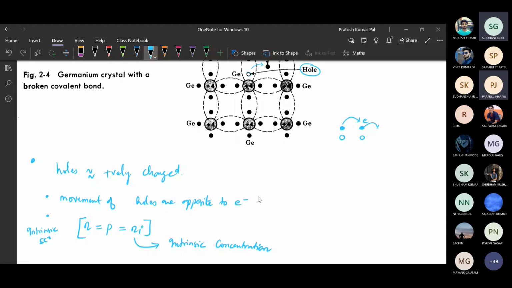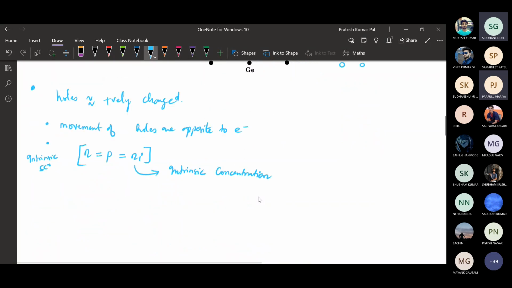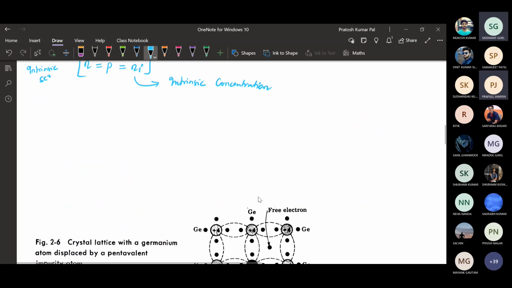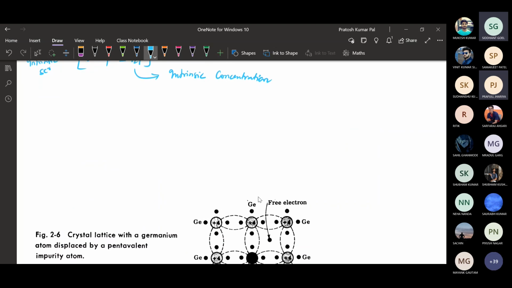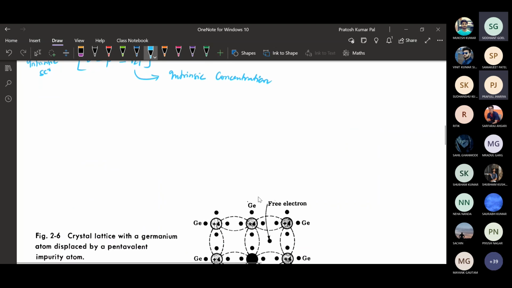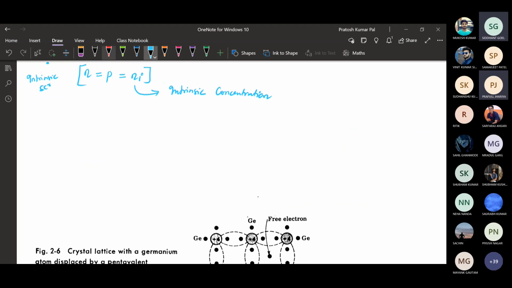Okay, so next we will see what the effect of doping is, and how we can convert an intrinsic semiconductor to an extrinsic semiconductor. So basically we will see doping.